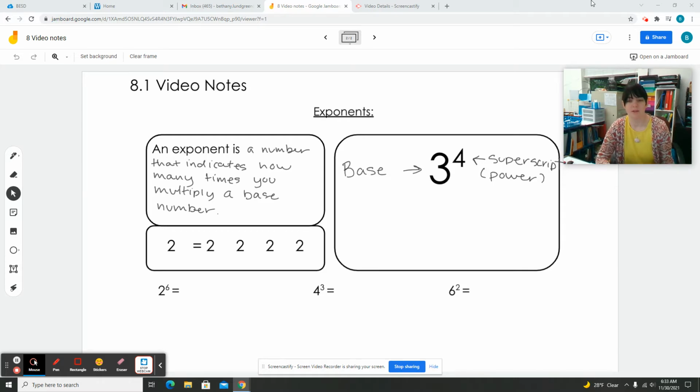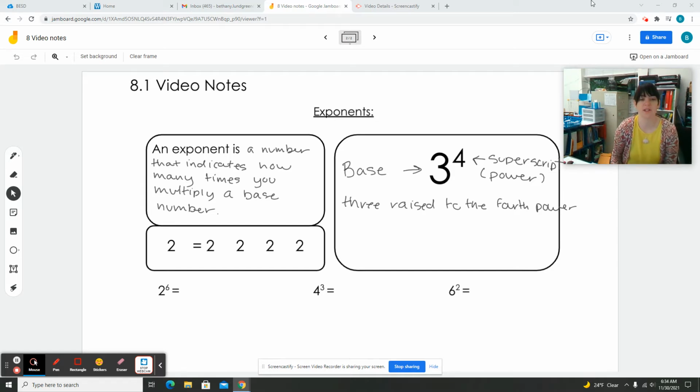So this 3 and the 4, how you would say that in words is that this is 3 raised to the 4th power. Okay. Now, 3 to the 4th power, so the definition, right?